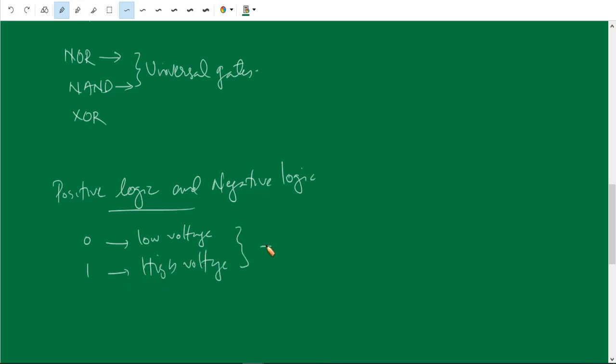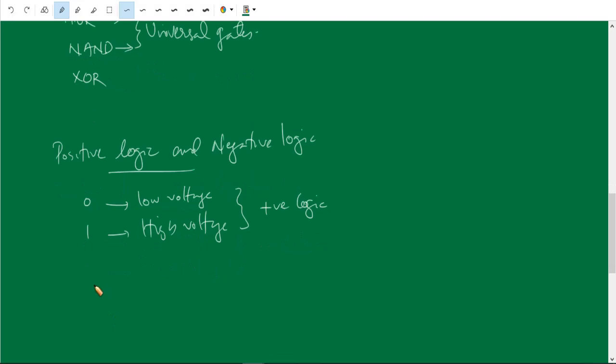This is called positive logic. If 0 represents high voltage and 1 represents low voltage, then this is termed negative logic.